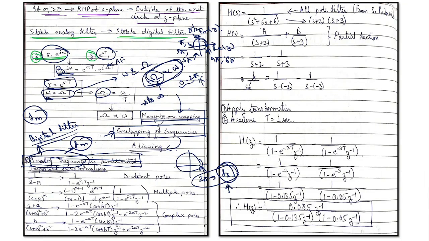So my question was, we are band limiting the analog frequency to FM, but in digital filters, while we are designing, we have a maximum frequency of Fs. So we have to accommodate this. Now why does this come? The thing is that when you are sampling the analog signals, what happens is that you are modulating another frequency Fs.